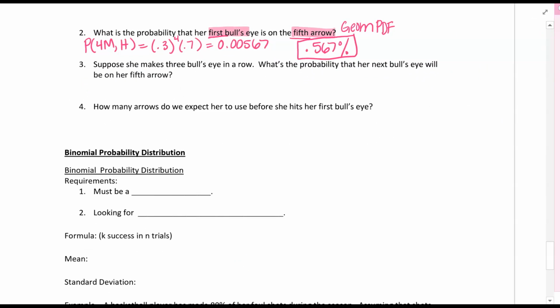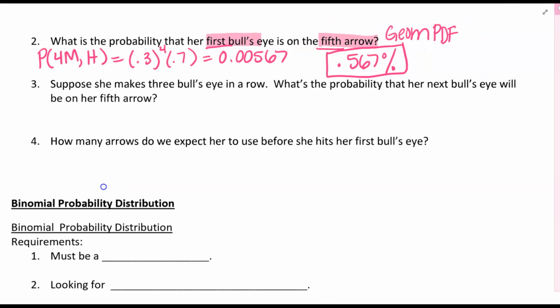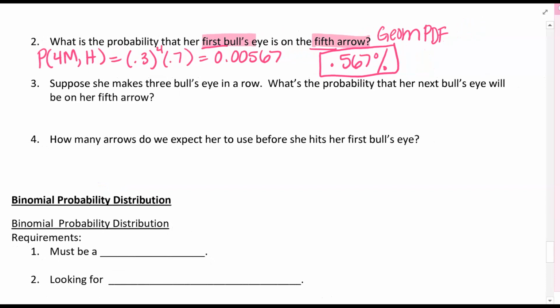All right. For question number 3, we're going to change question number 3. Can I have you guys pay attention up here, please? We're going to cross out the beginning. Suppose she makes 3 bullseyes in a row. We're going to cross that out. I'm going to change the question because when I printed these, I didn't print a geometric CDF example.